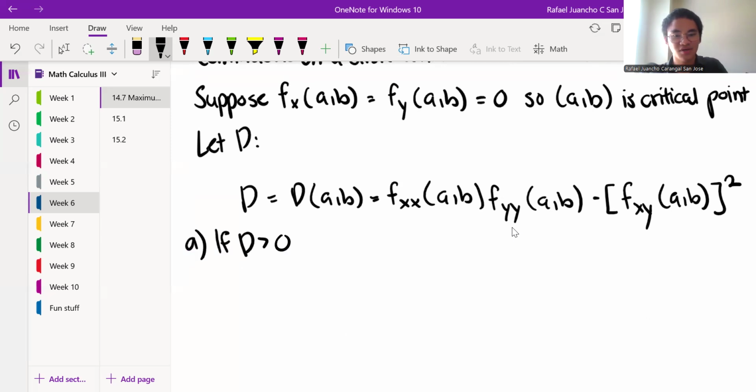If my D is positive and my fxx, which will help us determine whether it's a max or a min, is greater than 0, then it's a local minimum, right?